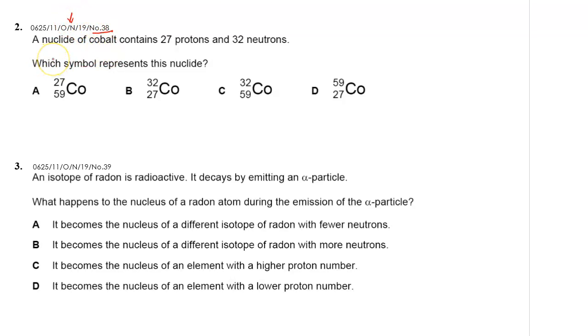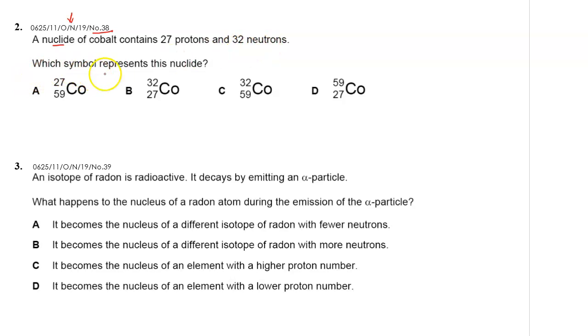So, question number 2: a nuclide of cobalt contains 27 protons and 32 neutrons. Basically, a nuclide means the nucleus of a radioactive atom.